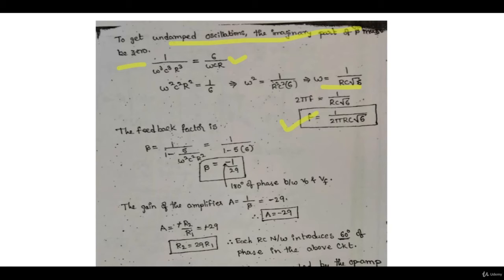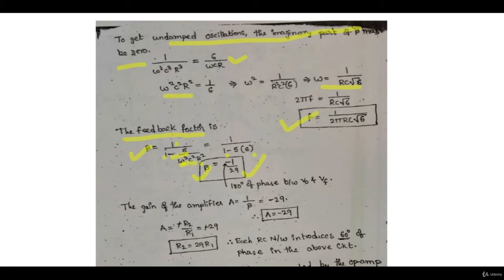The circuit will oscillate. The feedback factor will be the real value only, 1 divided by the real value of beta, which will be 1 divided by 1 minus 5 divided by omega square C square R square. Okay, now you have omega square C square R square value is 1 by 6. So you replace it, 1 divided by 1 minus 5 into 6, that will give you minus 1 by 29.